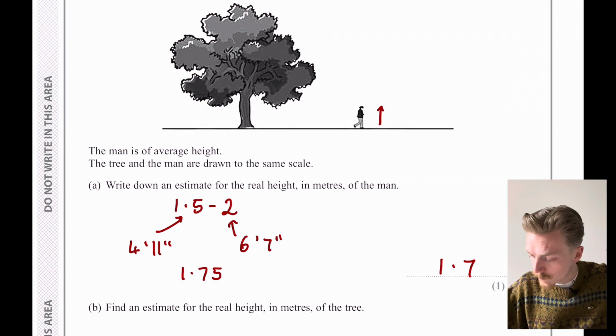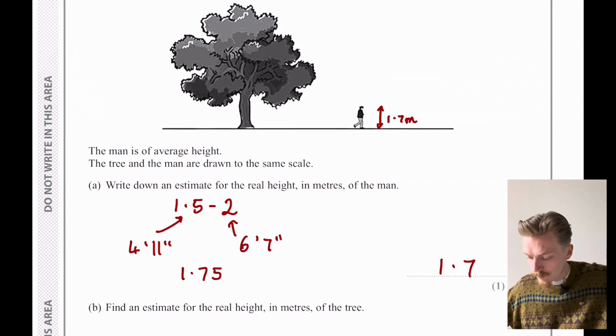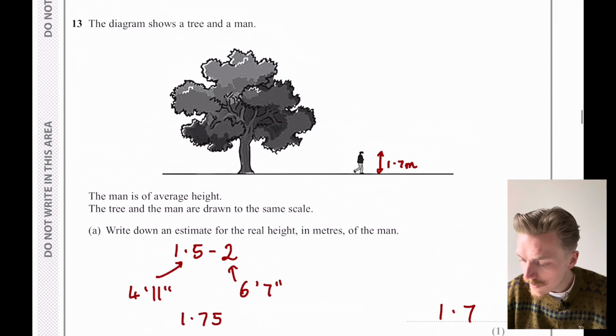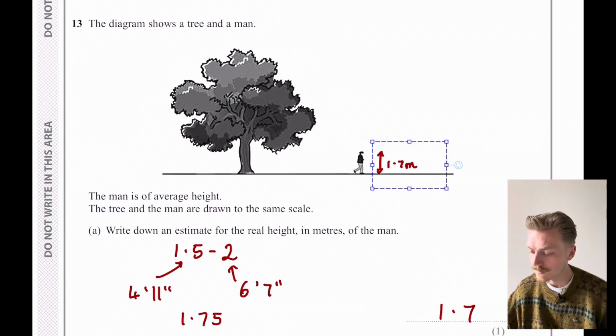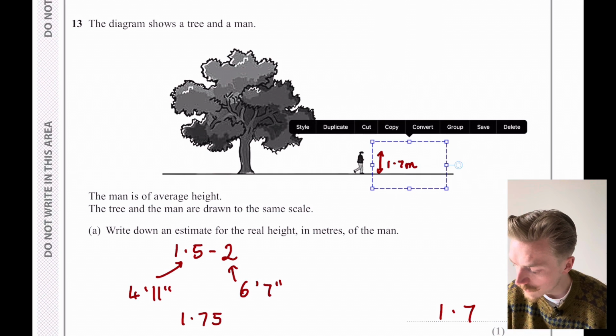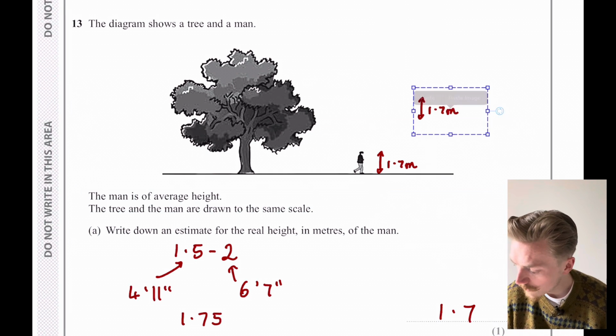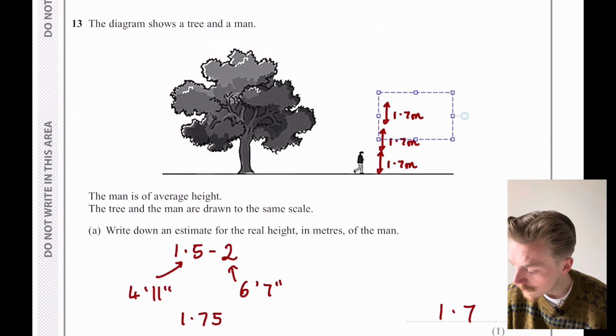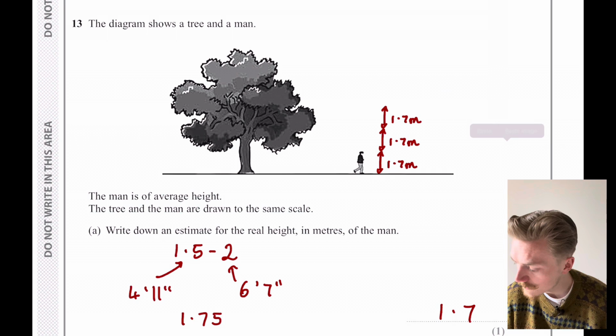So if that is 1.7 meters, the next question says, estimate what the height of the tree is in meters. Well, we've already taken a guess at how tall this man is. So I'm going to see how many of these I'm going to need to fit the height of the whole tree. So in an exam, I'll be using a ruler and I'll be seeing how many of these little bits could fit into the bigger bit.